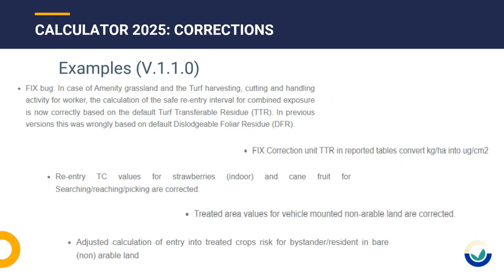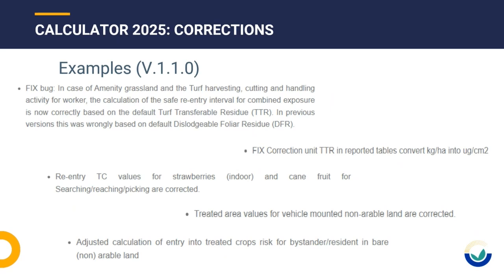Another example, the re-entry TC value for strawberries and cane fruit for searching, reaching, picking has been corrected. The wrong values had been attributed before. Another example, treated area values for vehicle-mounted non-arable land are corrected because the default value changes from vehicle-mounted application or handheld application.